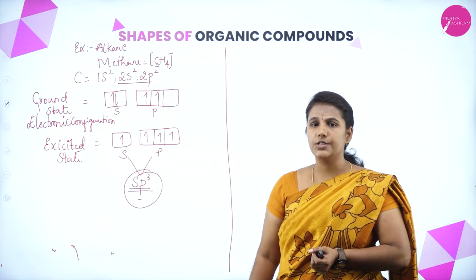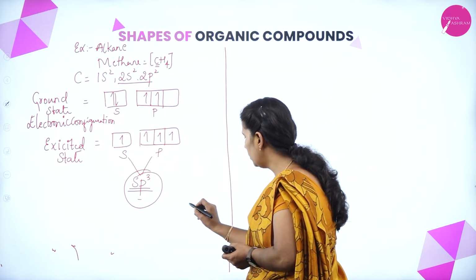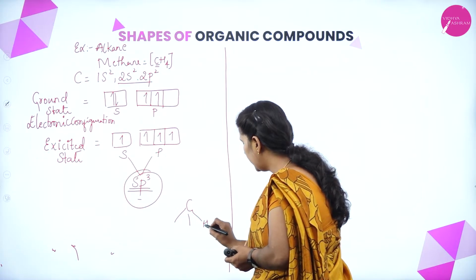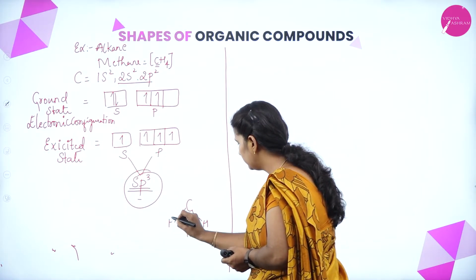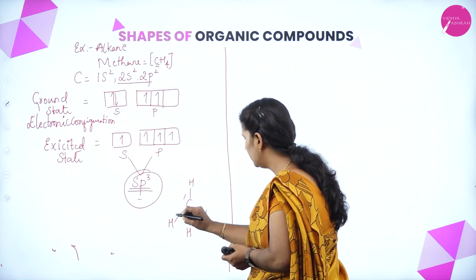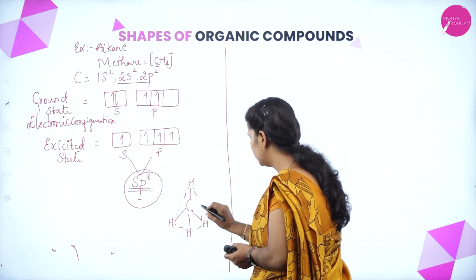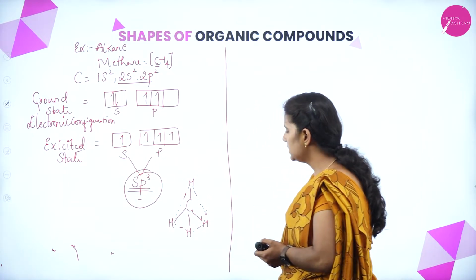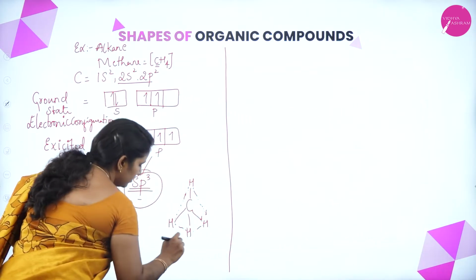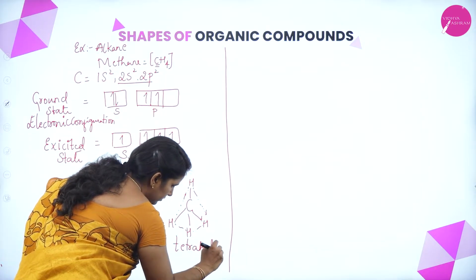sp3 hybridization. Now, if you want to write the structure, we know this is a carbon having 4 hydrogen atoms, correct? And if you join the lines, it is tetrahedral in shape.